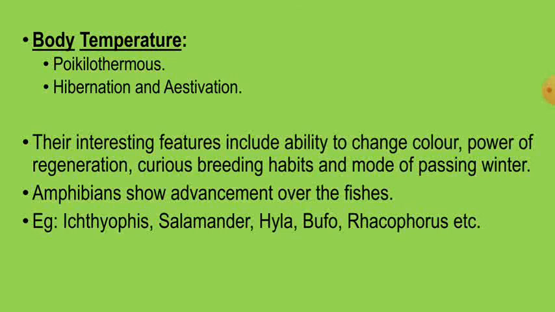Amphibians inhabit freshwater and moist land. Their interesting features include the ability to change color, power of regeneration, curious breeding habits, and mode of passing winter. Amphibians show advancement over the fishes in having limbs, articular processes, protrusible tongue, lungs, three-chambered heart, eyelids, middle ear, and urinary bladder.